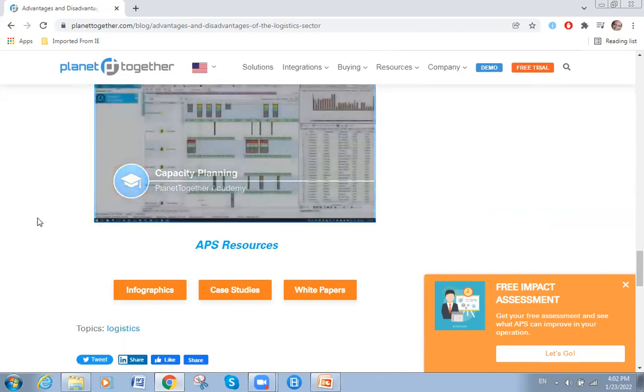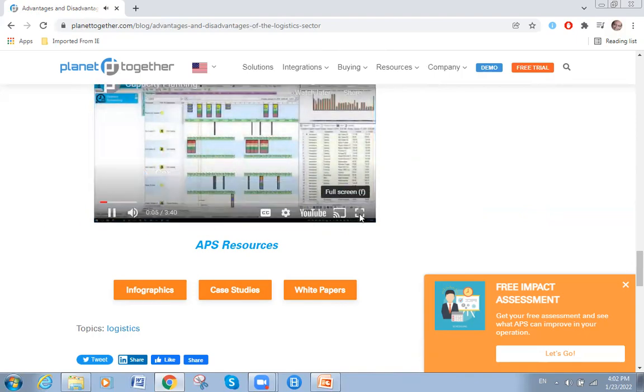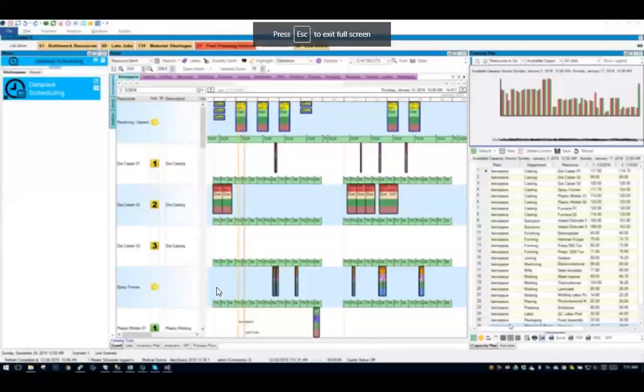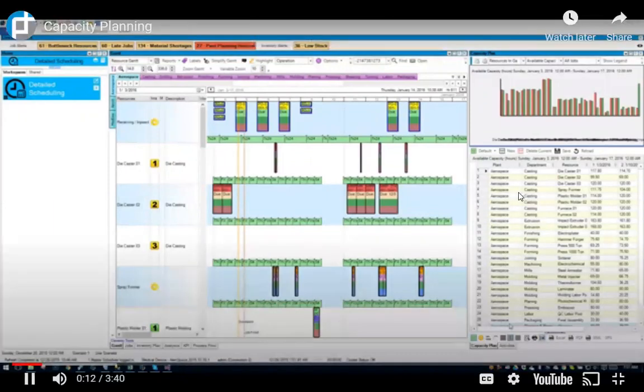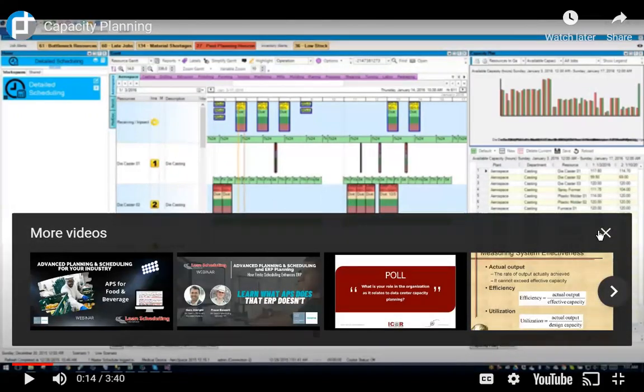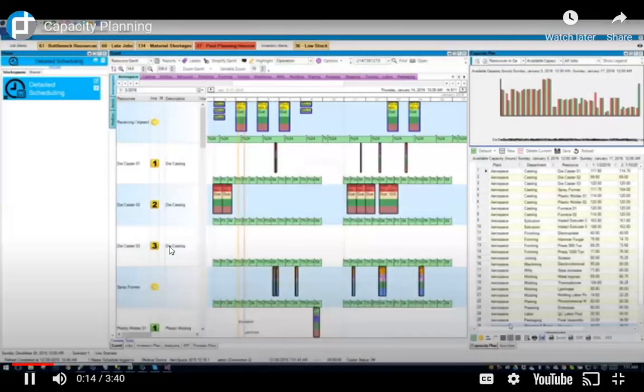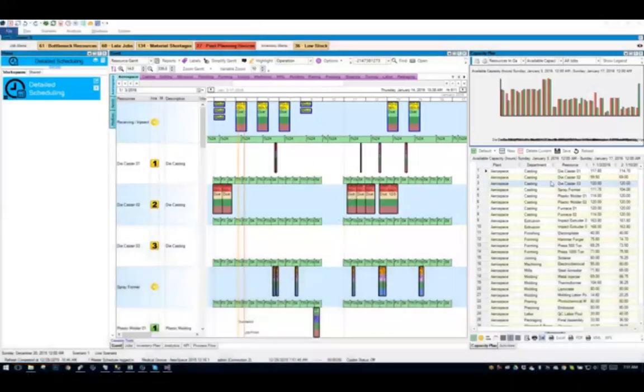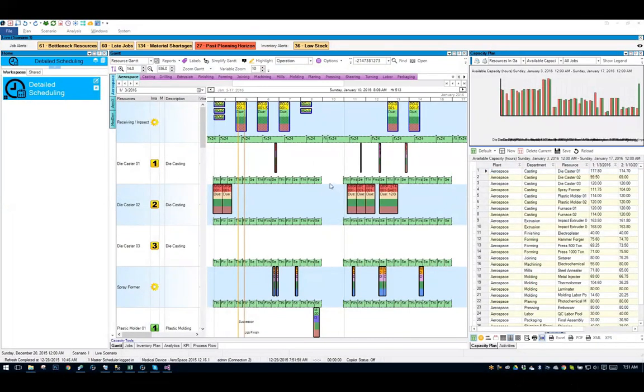As far as capacity planning goes and plan together, there are a few ways to view your capacity and manage it. Probably the easiest way is by using the capacity plan pane, which you see on the right-hand side here. I brought it up alongside the Gantt so you can see how it works. It basically shows exactly what you have in the Gantt.